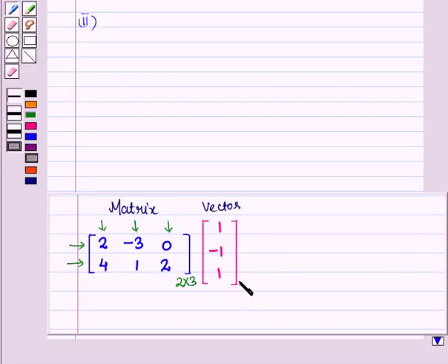So it is a 3 cross 1 matrix. Now here you can see that number of columns of this matrix is 3 and number of rows of this vector is also 3.